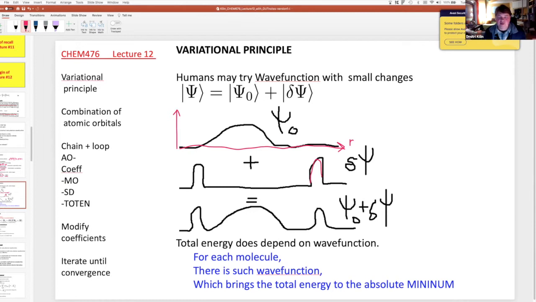It's only an example, it's not mathematically rigorous. Then the new function will be more decorated, like a main peak with two sub-peaks. This will be my modified wave function. And then the little experiment that I want to do is to find total energy for the original wave function and for the wave function that has been perturbed.